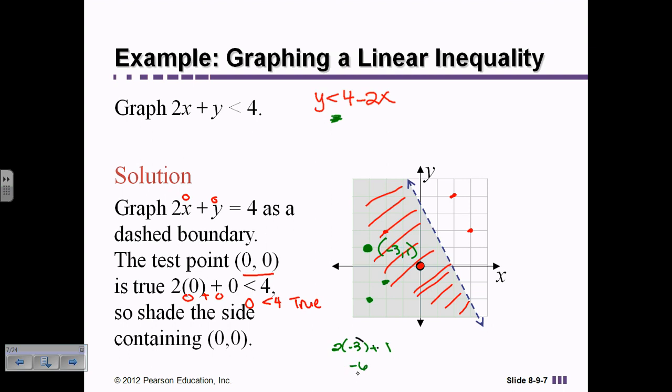So it's -6 plus 1 is -5. Is that less than 4? And the answer is yes, or true. So that's another point. So any point in that shaded region will satisfy the equation, and so all of those numbers are solutions.